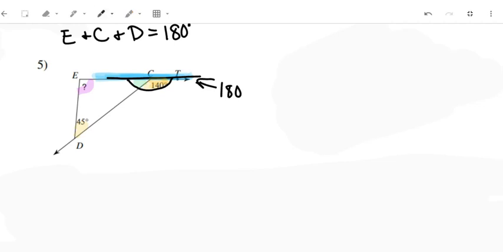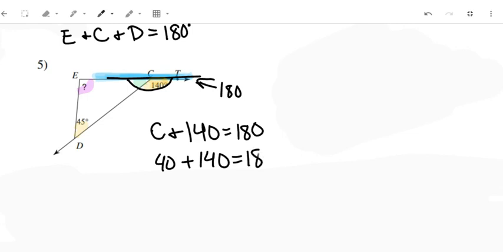So in this situation, I've got angle C plus 140 equals 180. Even without doing an inverse operation, you should already just know in your head that if I do 40 plus 140, that equals 180. So angle C must be 40 degrees.